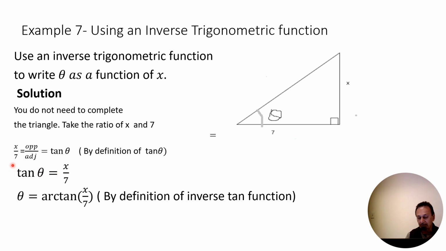So tangent theta equals x over 7. Then the inverse property says theta is arc tangent of x over 7, or tangent inverse x over 7.